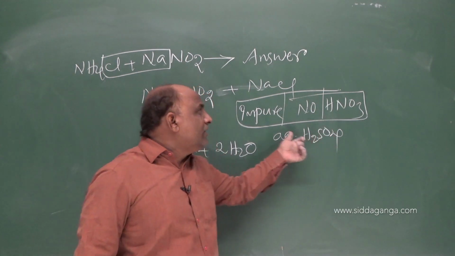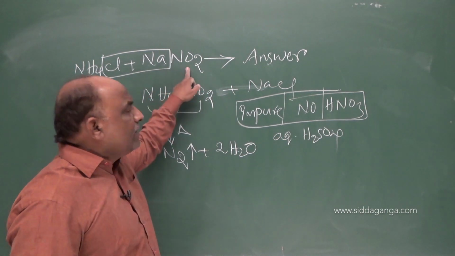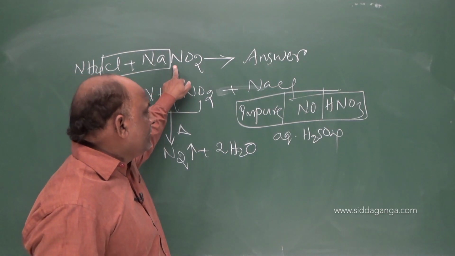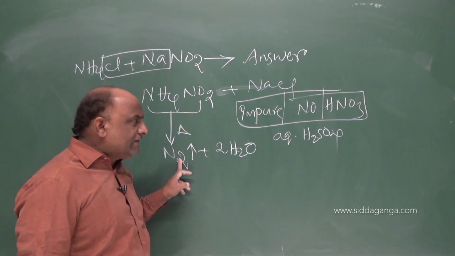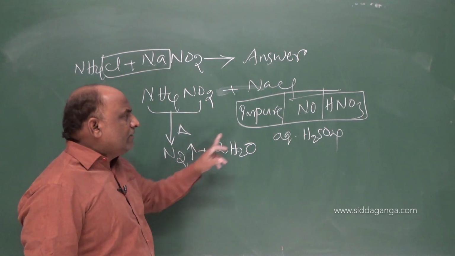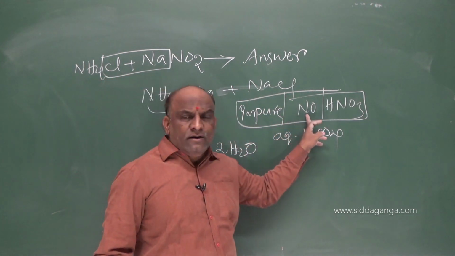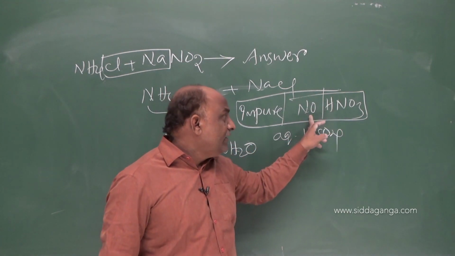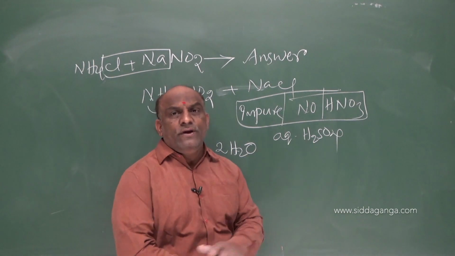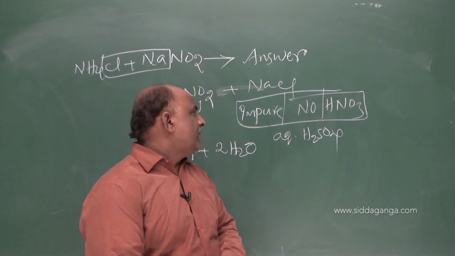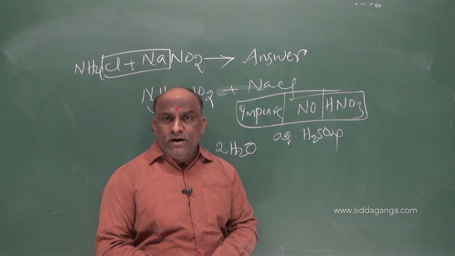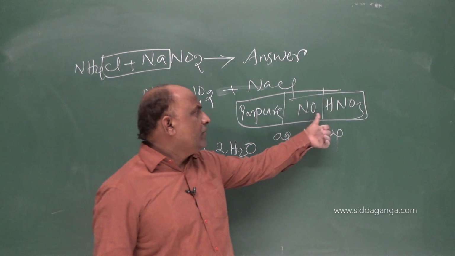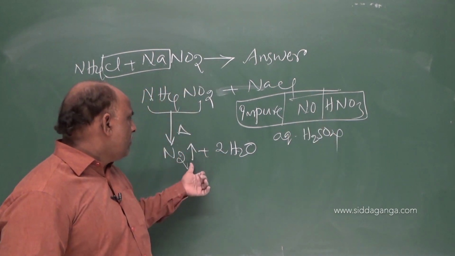While preparing dinitrogen from ammonium chloride and sodium nitrite, dinitrogen is obtained as a gas, and after removing the impurities we get the pure form of dinitrogen.